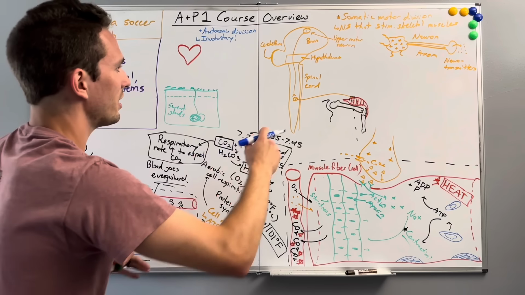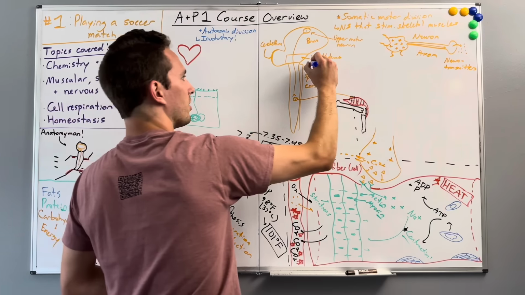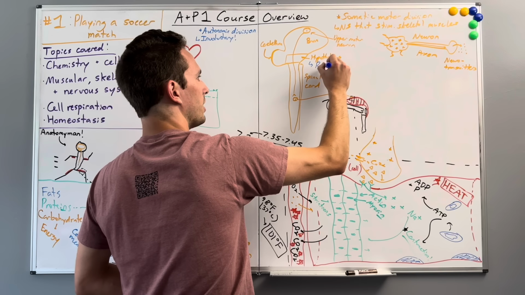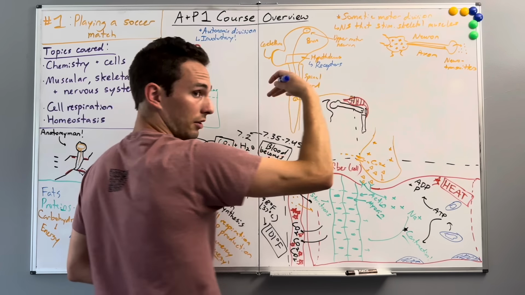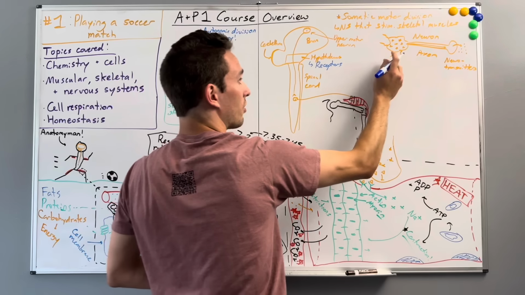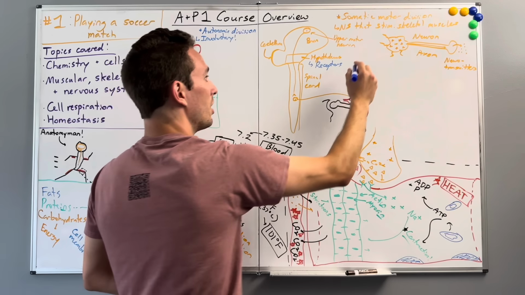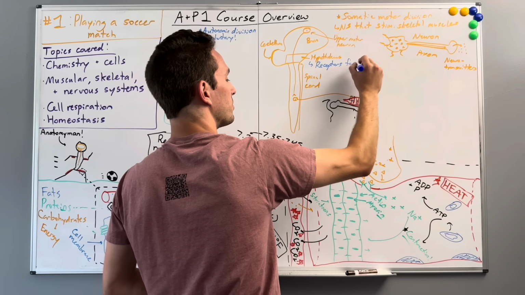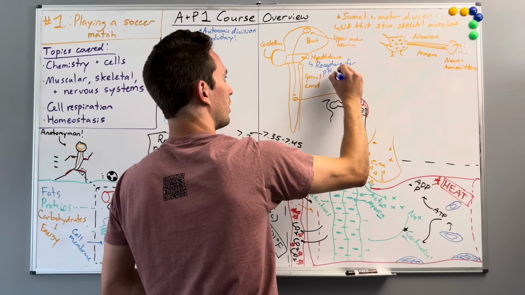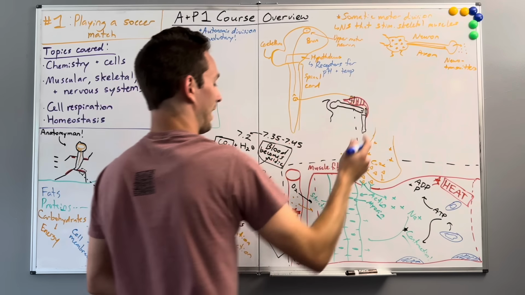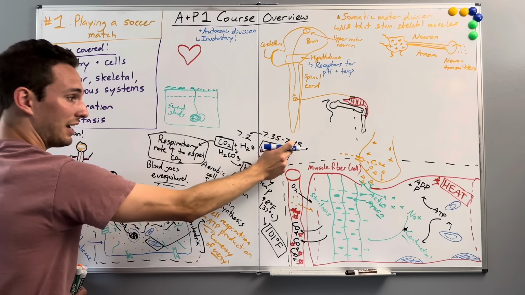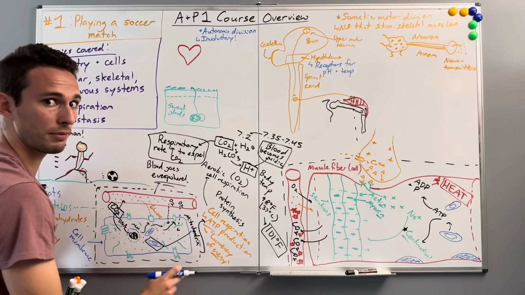Well, inside of the hypothalamus, we have a lot of receptors, basically neurons, the dendrites that are detecting things. And they're going to be receptors for specifically pH and temperature. The issues here, right? pH, acidity, and body temperature.